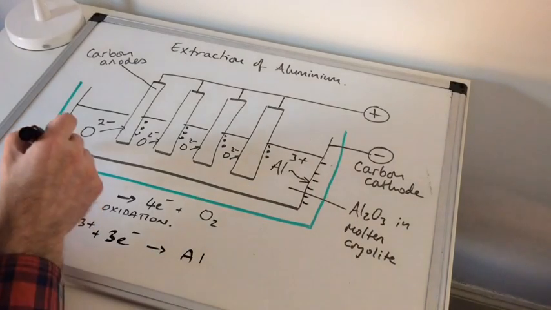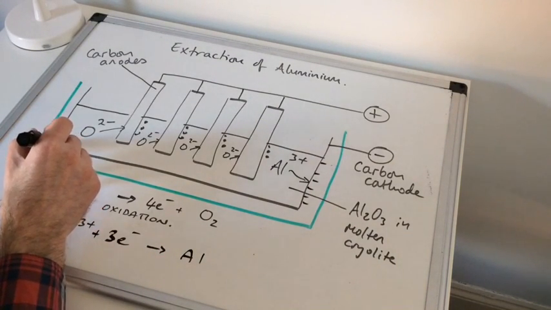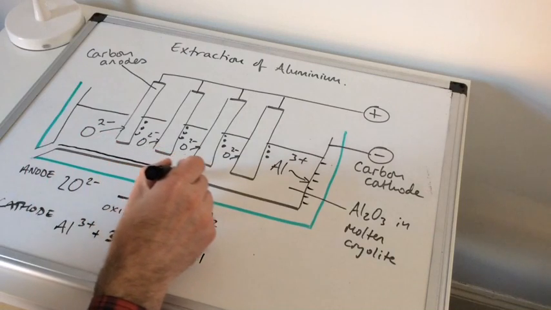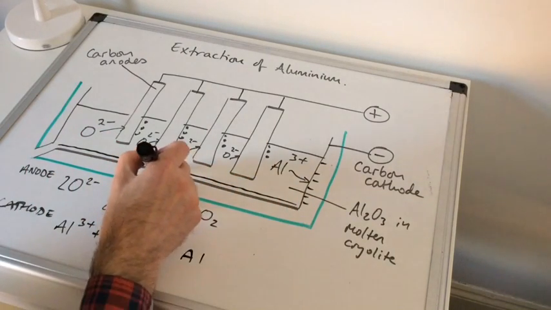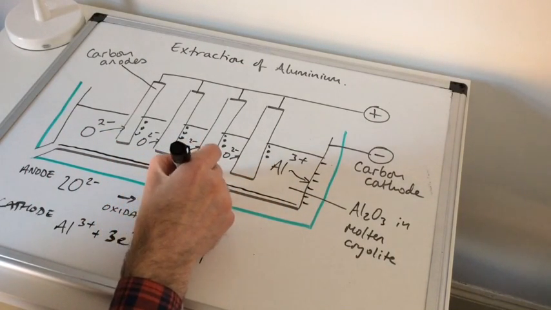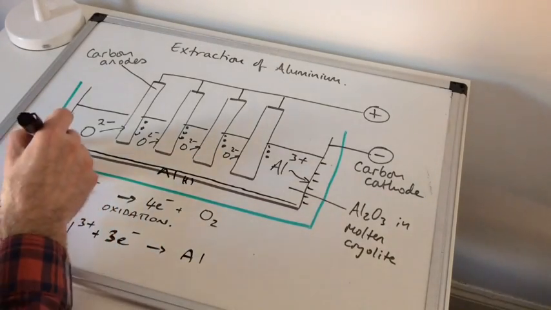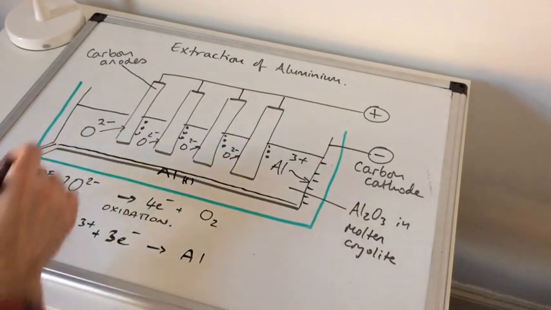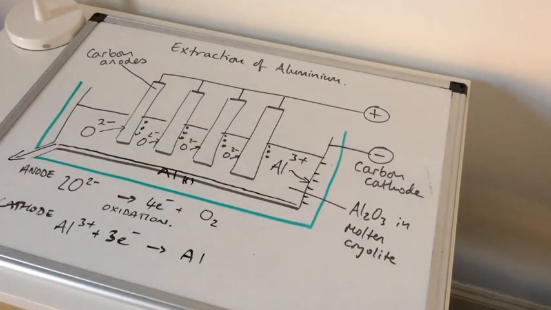And so what you would see is the molten aluminium would start to collect at the bottom here. So this is Al liquid, and it would run out of the tank. That's why I had that little gap there.